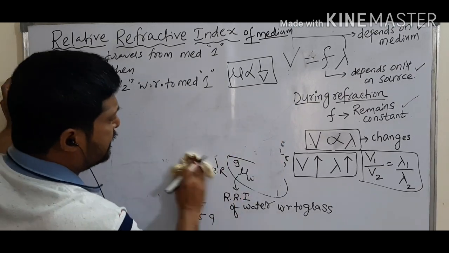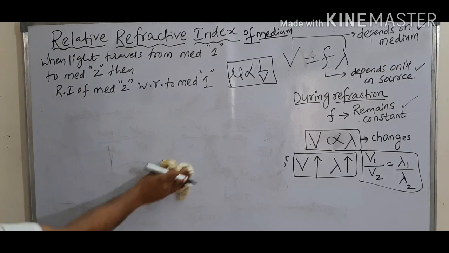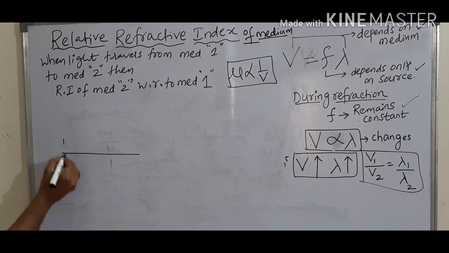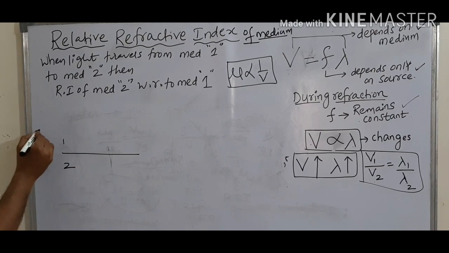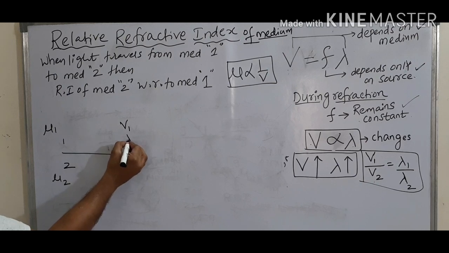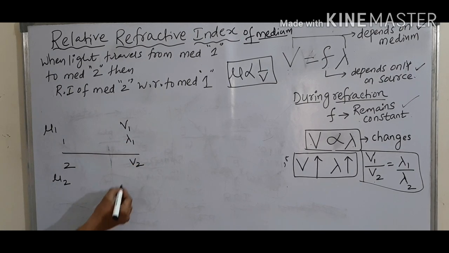My dear students, use this concept. See here, I am writing this is medium 1, this is medium 2. Here the refractive index is mu1, here it is mu2. In medium 1, the speed of light is V1 and the wavelength is lambda 1. In medium 2, the speed of light is V2 and the wavelength is lambda 2.